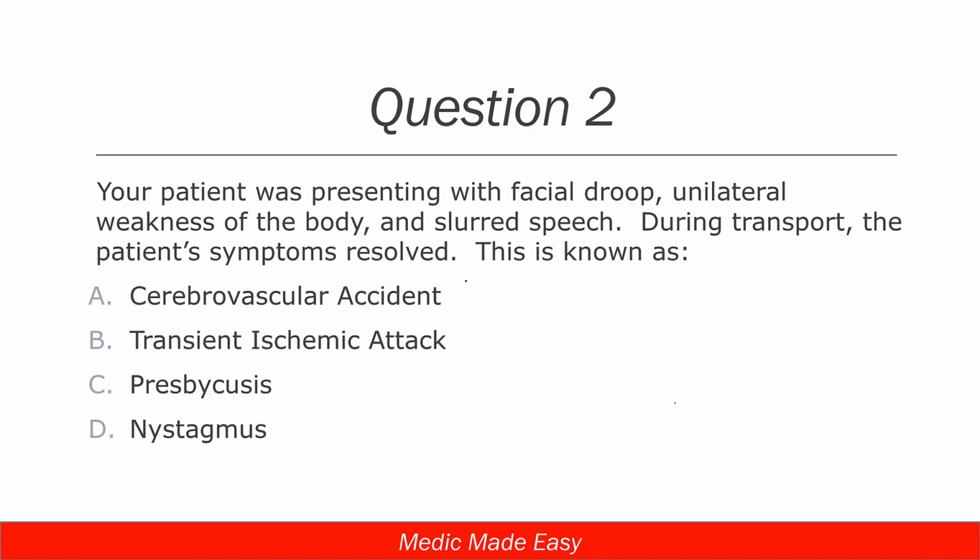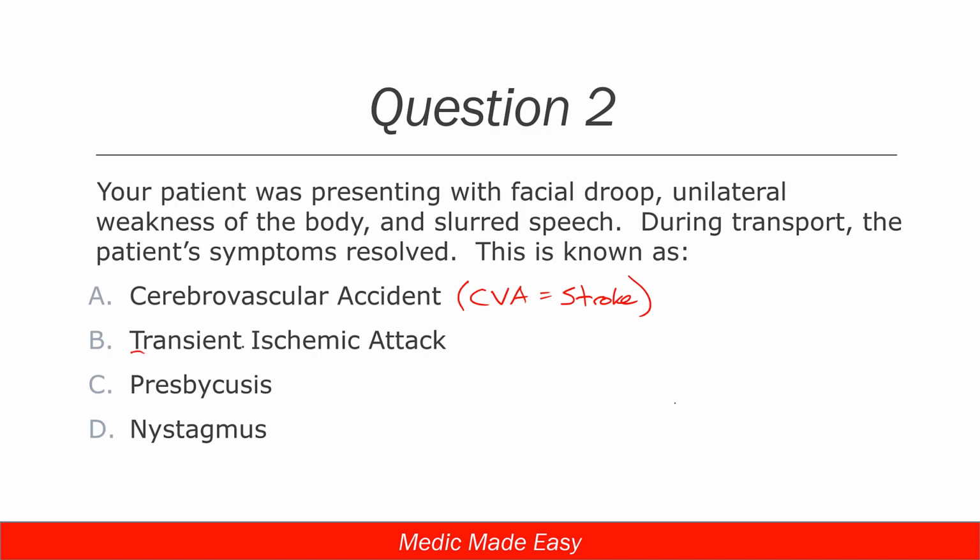So our cerebrovascular accident, we said that's our CVA. That's the other name for a stroke. Certainly facial droop, weakness on one side of the body and slurred speech sounds completely like a stroke. But a stroke that spontaneously resolves and goes away very quickly.